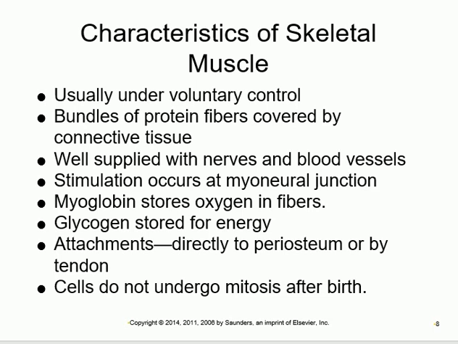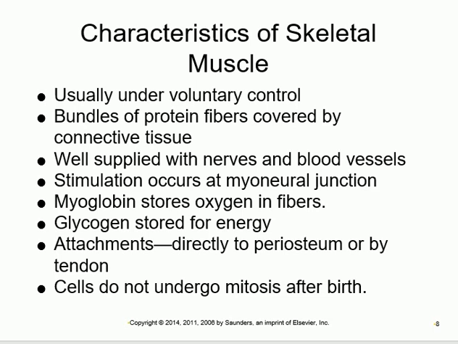These muscles attach to the periosteum, whether directly or through something called a tendon. What's a tendon? The tendon is a connective tissue or fibrous tissue attaching the muscle to the bone. If it looks like my finger, like this, cord-like, you call it tendon. If it looks like a sheet, you call it aponeurosis.